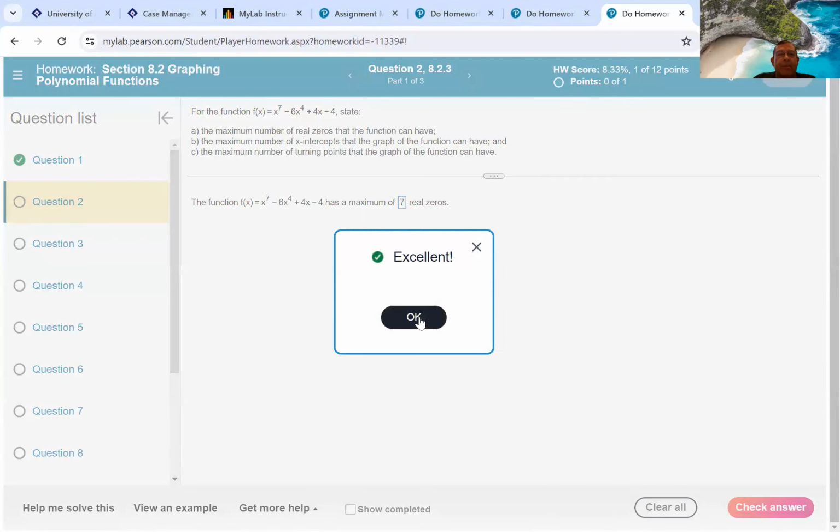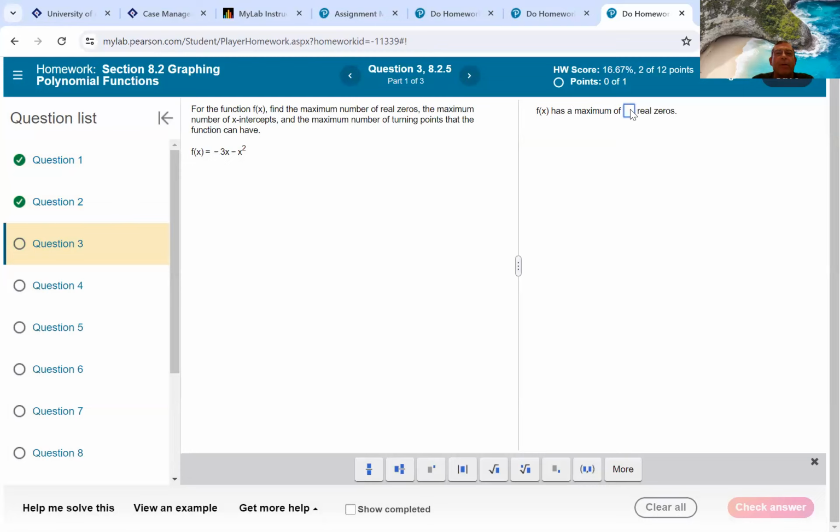All right, y'all. So same thing here. I think y'all are doing pretty good. So let's see. I'm gonna slide this up. Oh, y'all try this one. What's the maximum number of real zeros on this one? Oh, Hannah, I got you on this one because guess what?